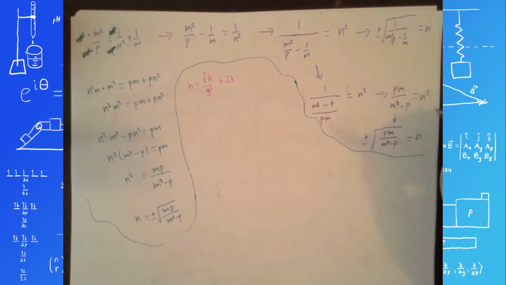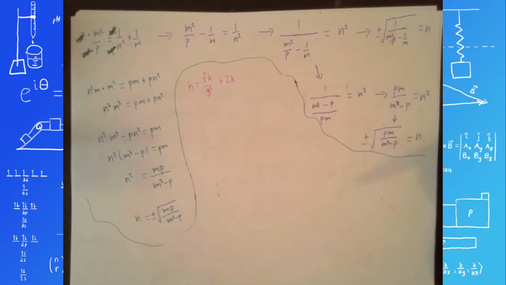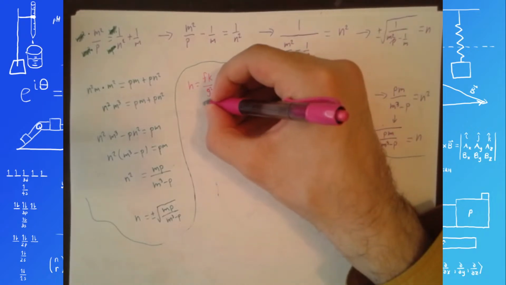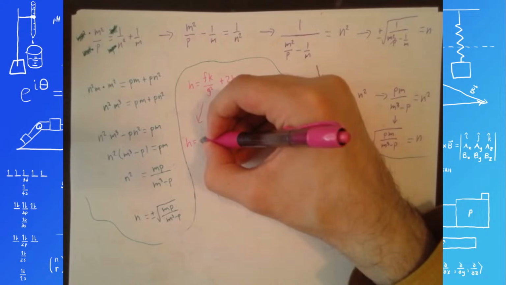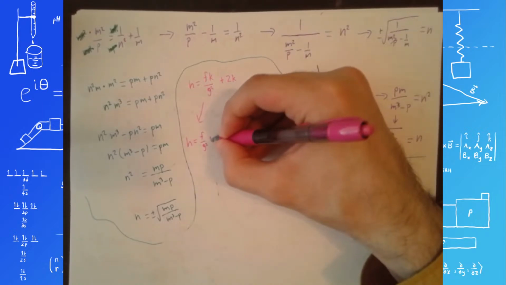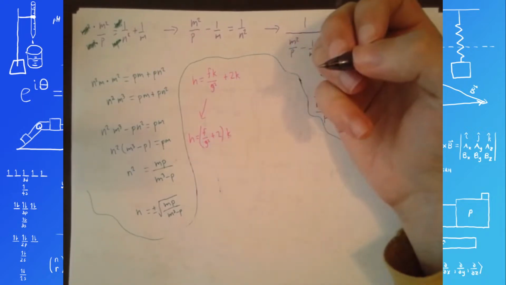Okay, solving for k is pretty easy. We've done enough of this at this point that you should know what to do. The k terms are already grouped. Factor out the k and divide and you're done. Factor out k, so we've got h equals f over g squared plus 2, whole thing times k.